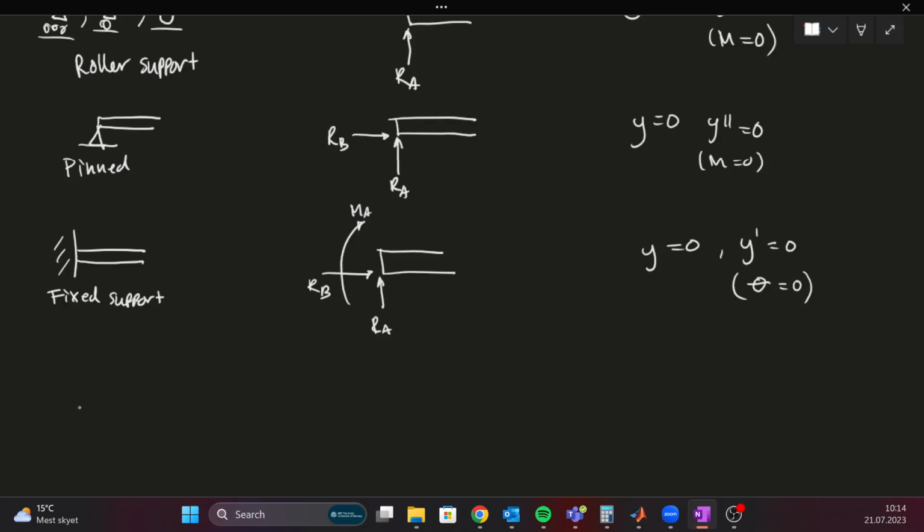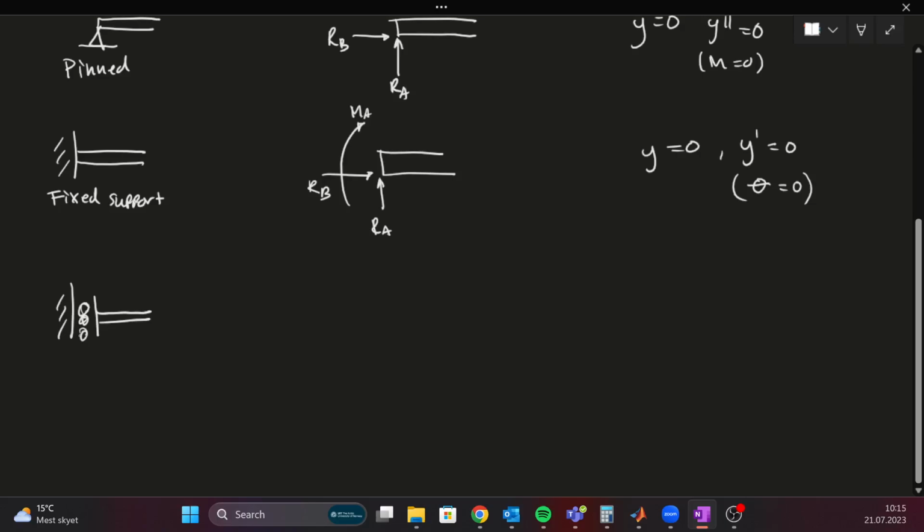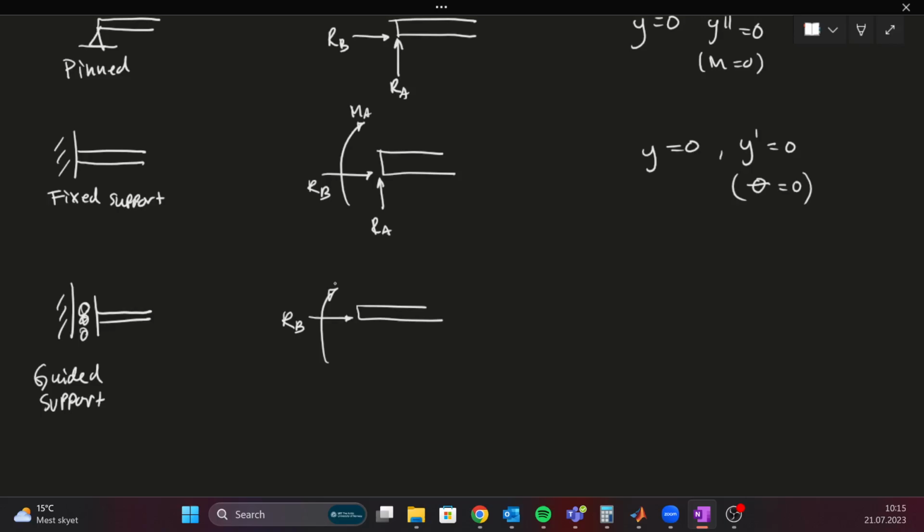Okay. If we look at this, this is called a guided support. And it has the reaction forces looking like this, RB and a moment.